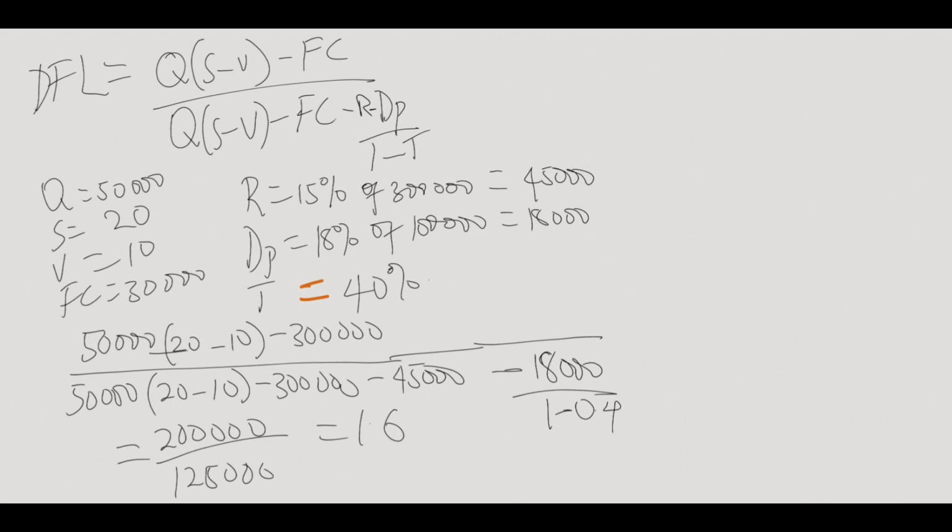So it shows that a 1% increase in EBIT will increase our EPS, that's earnings per share, by 1.6%.